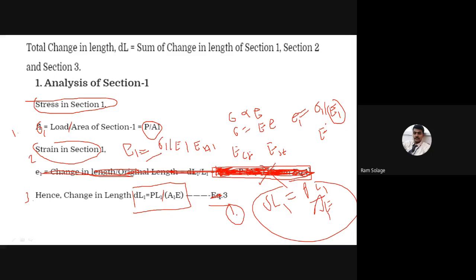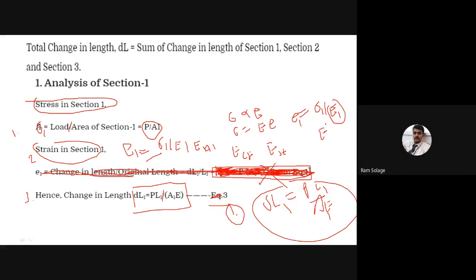Write down analysis of section 2 and take the reference of how we have calculated the stress, strain and elongation of section number 1. Similarly, take the reference of section number 1 and calculate the stress, strain and elongation, that is sigma 2, epsilon 2 and delta L2 for section number 2 and write in your notebook. Similarly, section 2 and section 3.